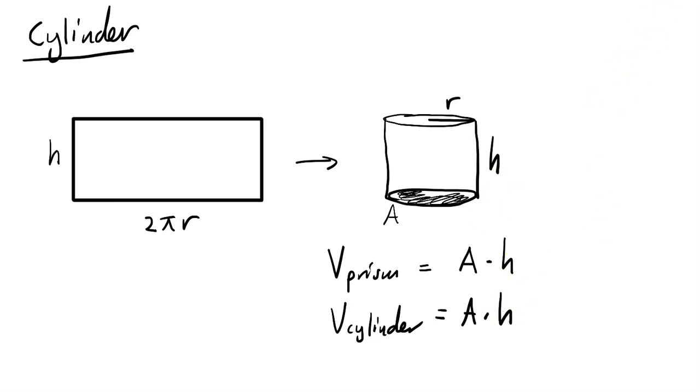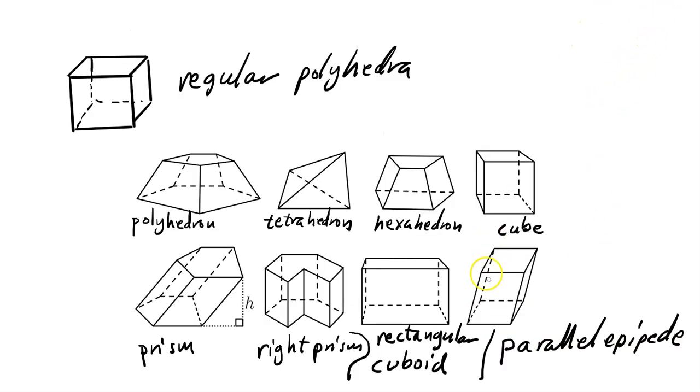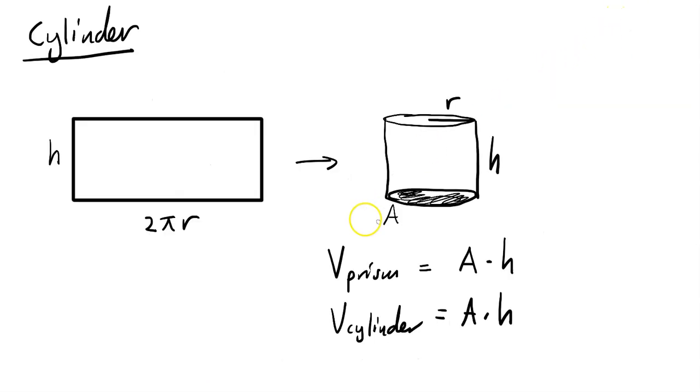And we could go back to our prism: we take this area, call it A, multiplied by height, and we also get the volume of the prism. So we see the prism and the cylinder are similar figures. Okay, so both are given by this formula.